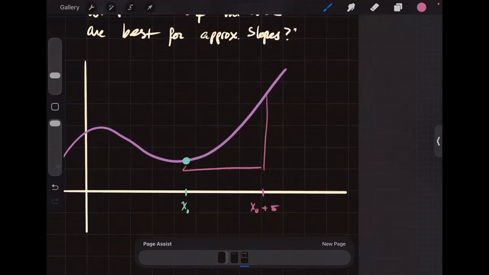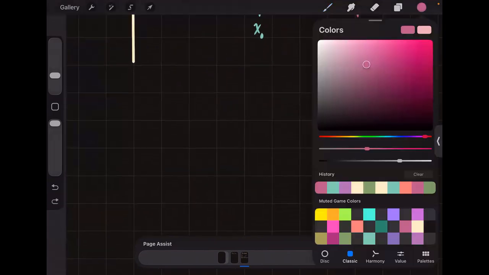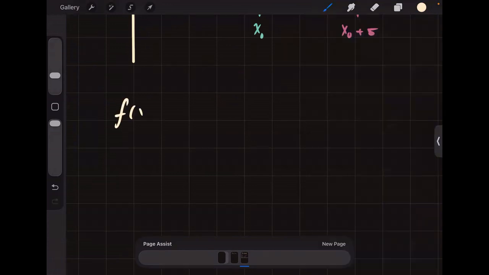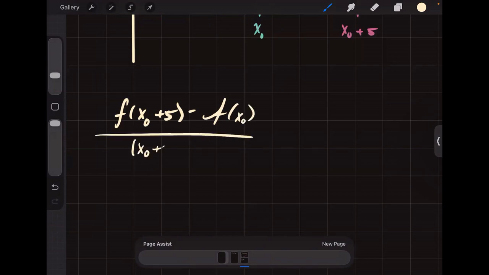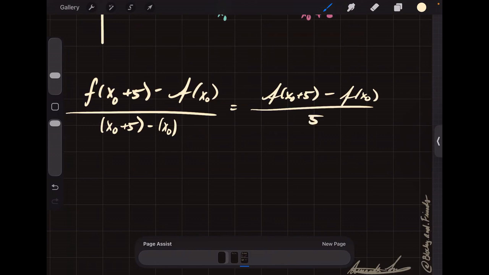Then you could take f of x sub 0 plus 5 minus f of x sub 0, all over x sub 0 plus 5 minus x sub 0, going back to the original form we had. If you were to simplify this, you might get f of x sub 0 plus 5 minus f of x sub 0 all over 5.